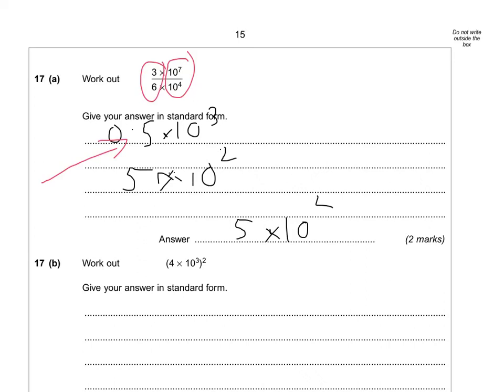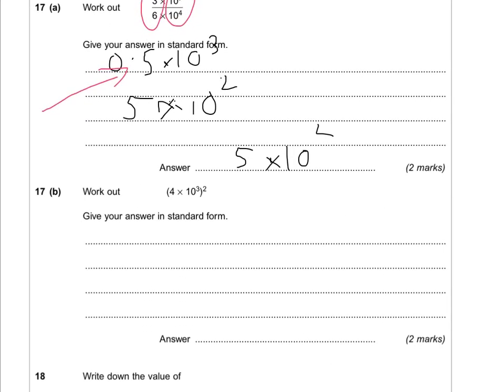Right, 17b is a similar kind of question. It's can you square that? Of course, squaring something means multiplying it by itself. So it's really asking you to do 4 times 10 to the 3 times 4 times 10 to the 3. And with multiplication, what you need to do really is just do 4 times 4. Do that multiplication first, which is 16.